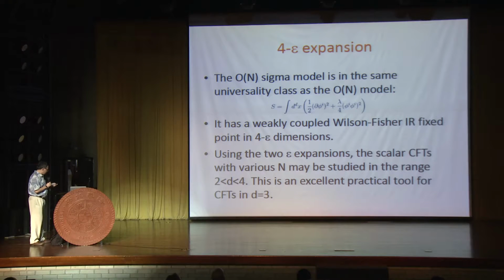Okay, so now to talk a little more about the ON model. This is classic stuff, but it's known that you can ask what happens as you push the dimension higher. Then it's better described by the ON linear sigma model, which is just a quartic field theory. And of course, in the seminal work in '72, Wilson and Fisher developed the idea of 4 minus epsilon expansion, because now there is an infrared fixed point.